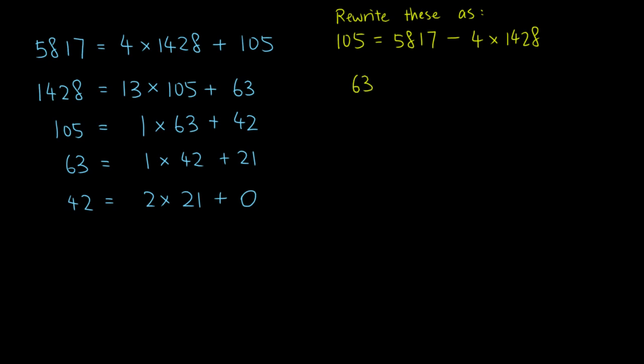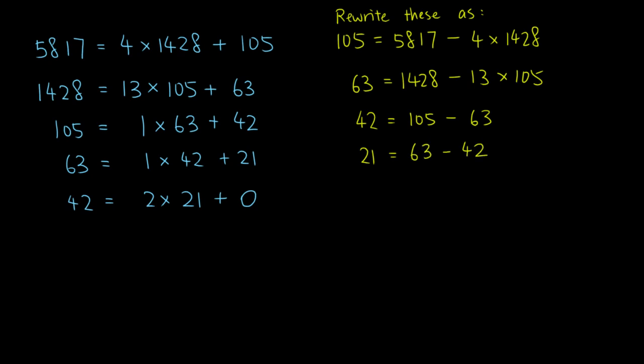The second line becomes 63 equals 1428 minus 13 times 105. The third line becomes 42 equals 105 minus 63. The fourth line becomes 21 equals 63 minus 42. Since the last line has remainder 0, we just ignore it here.